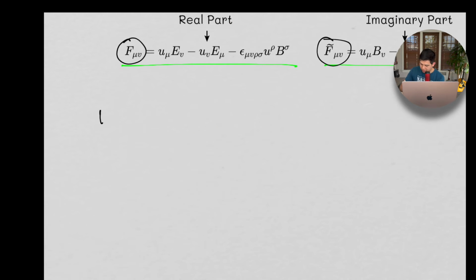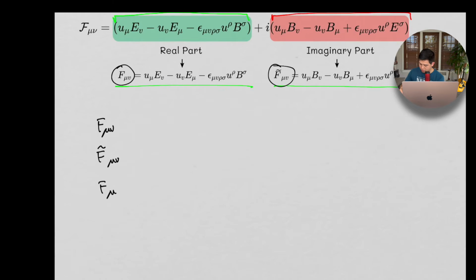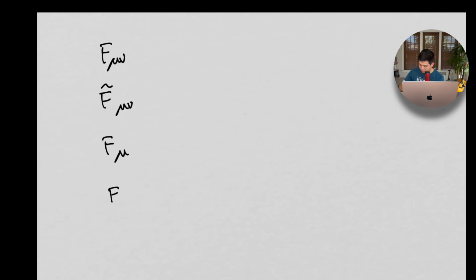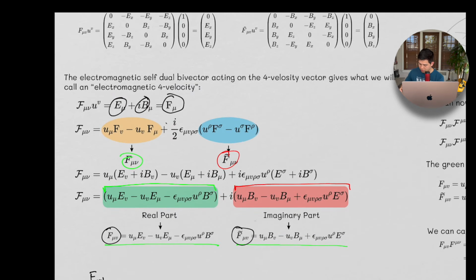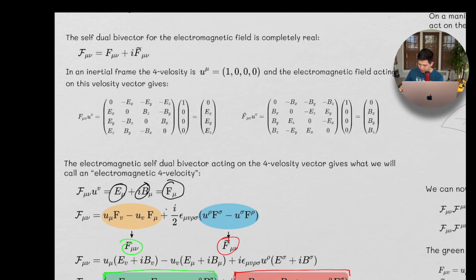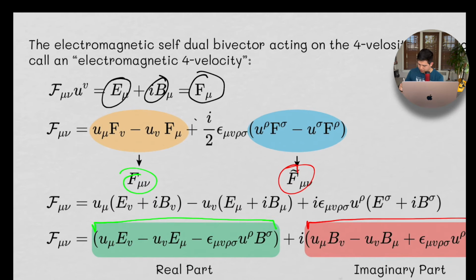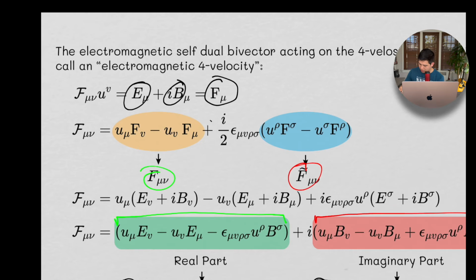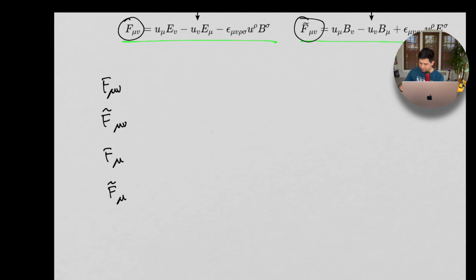So we have F mu nu, we have F dual mu nu, and we have F mu, and then we also have F dual mu. F dual mu nu is going to be complex, so that's going to be where this guy has a minus sign. All right, so we have all these objects.